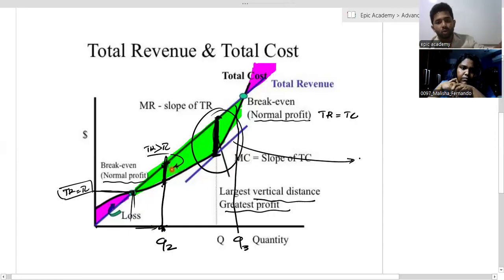That belongs to the short run period, which is well known as the law of diminishing marginal returns. Or if you discuss this in relation to the long time period, it is economies of scale. At that point, total cost is increasing. Total cost increasing means average cost is also increasing.